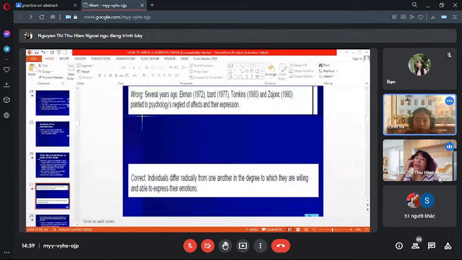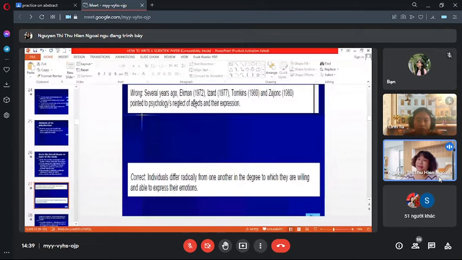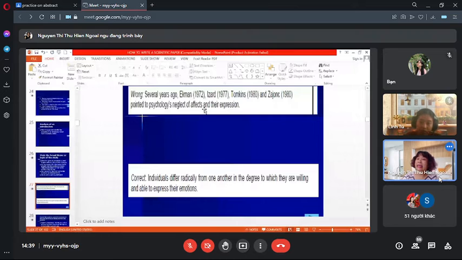Okay. So the technical jargon in this one is the word affect. The word affect is not used in daily use at all with the meaning of emotion.